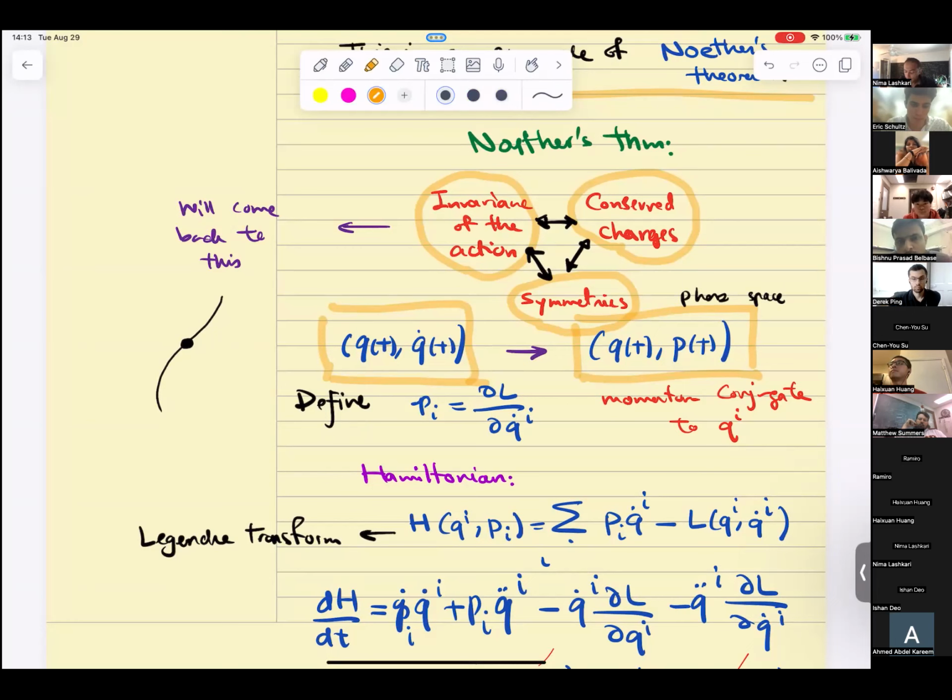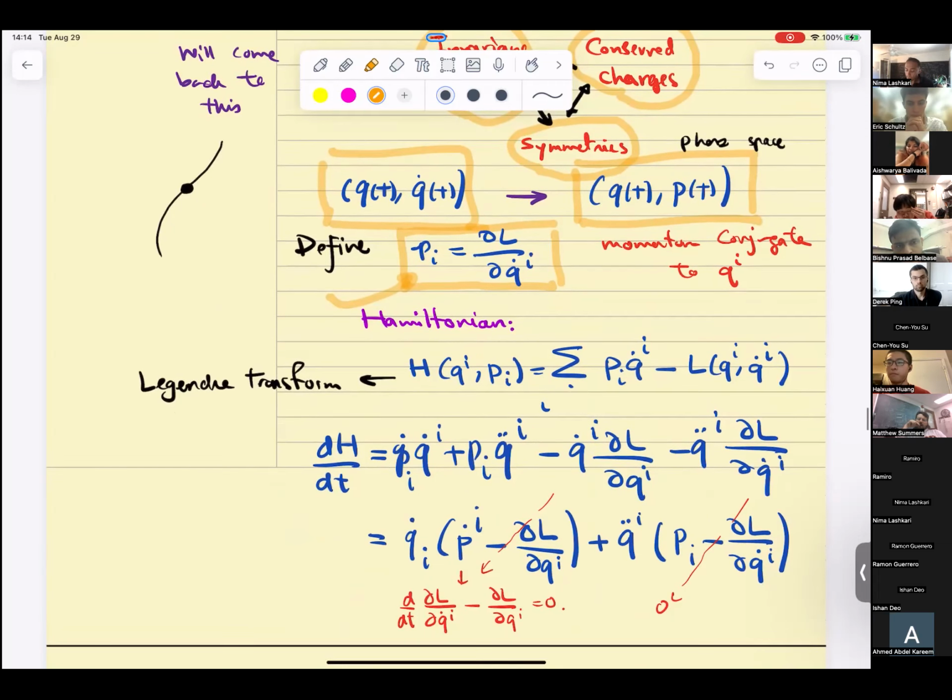At this point, you don't even need to know what P of T means. P of T is just some change of variables. I know that as a physicist, I have in my mind that the momentum conjugate to Qi is defined in the following way, but I'll try to make the point of why we define P of I this way.